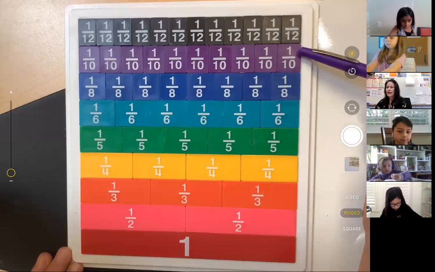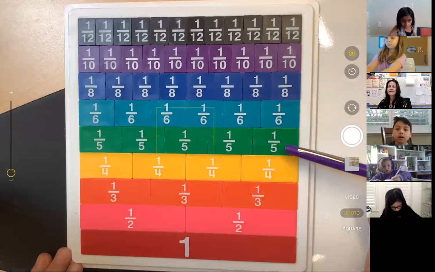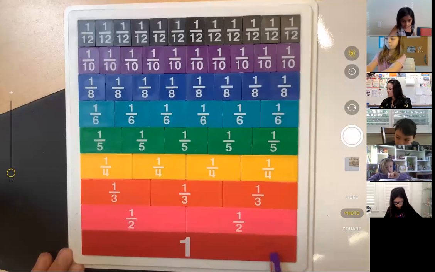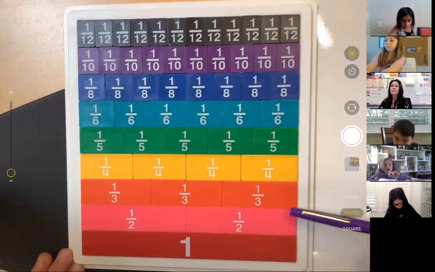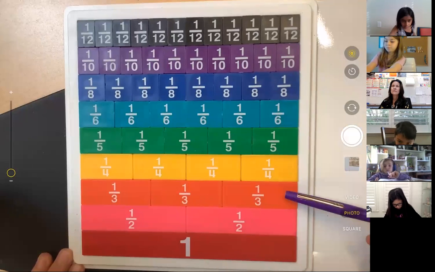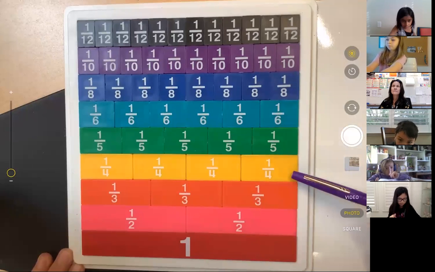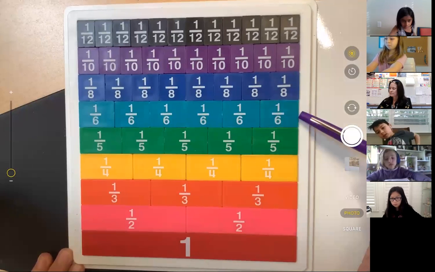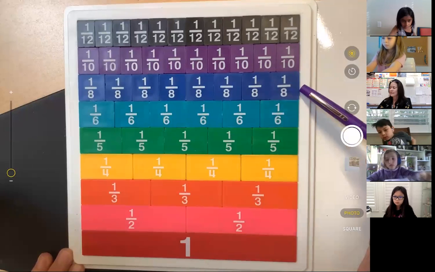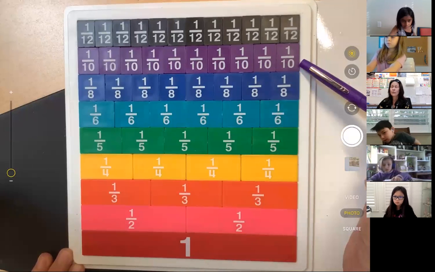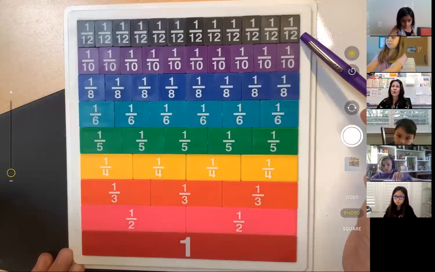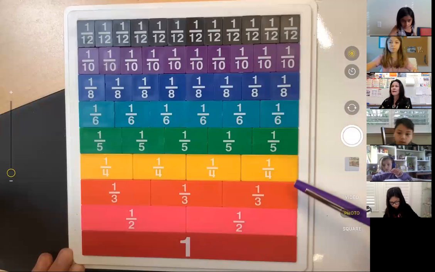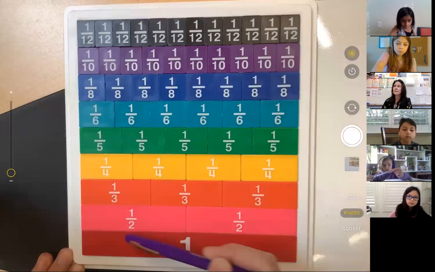Every single line you see is the exact same value as this one whole. 2/2 is a whole. 3/3 is a whole. 4/4 is a whole. 5/5 is a whole. 6/6 is a whole. 8/8 is a whole. 10/10 is a whole. 12/12 is a whole. All of these lines are the same value of 1.